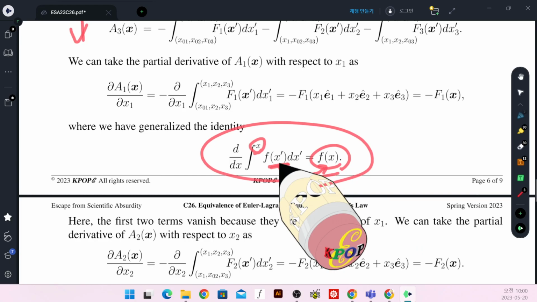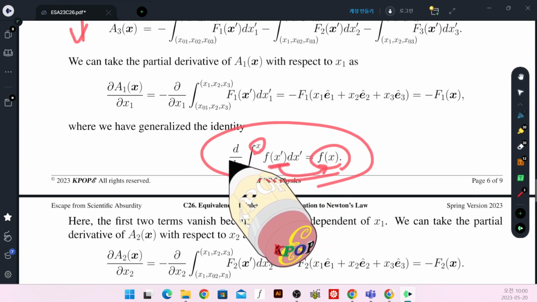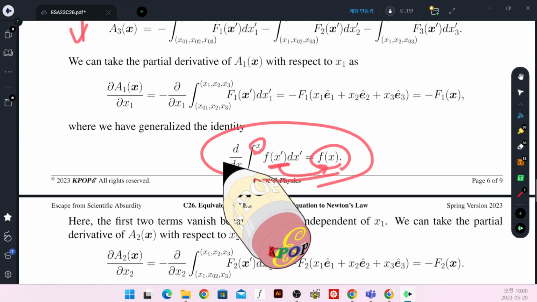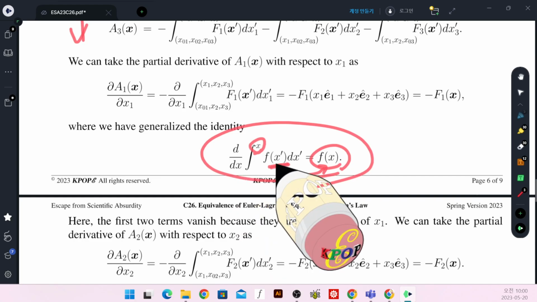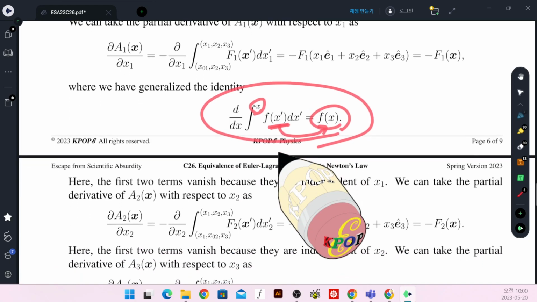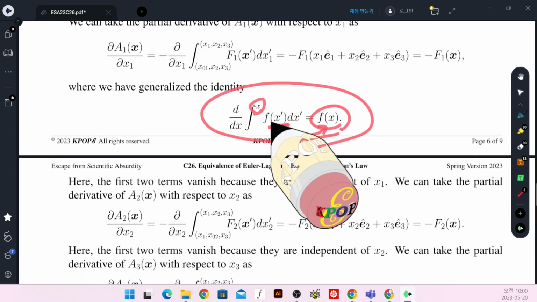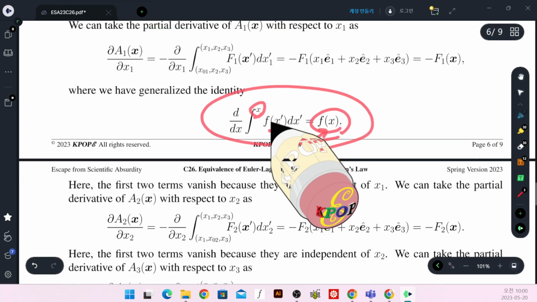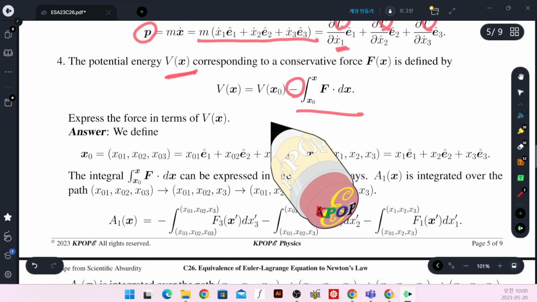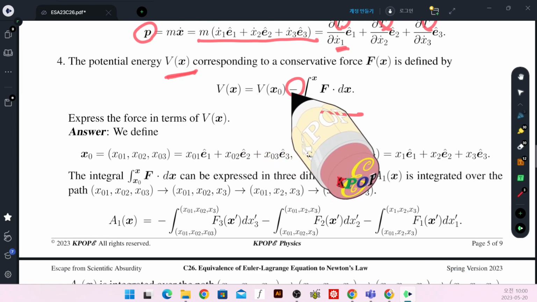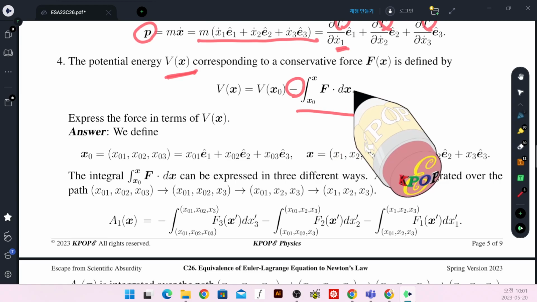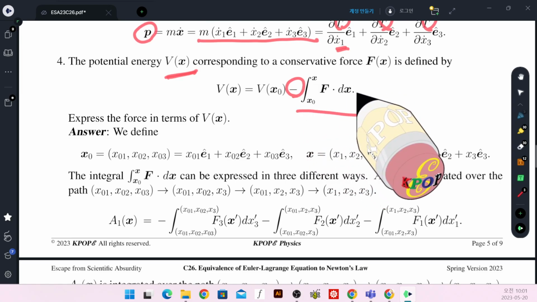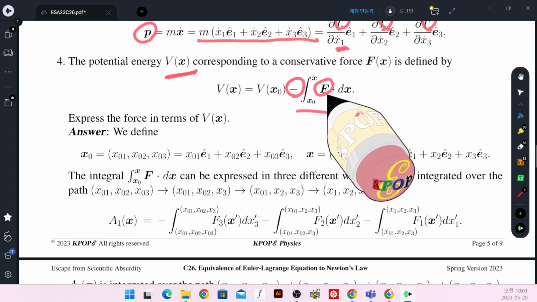So this is integration and then differentiation; it is nothing but the identity operation applied to the integrand. Because our potential energy is the negative of the integral of the force, we can read off the force by taking the derivative.